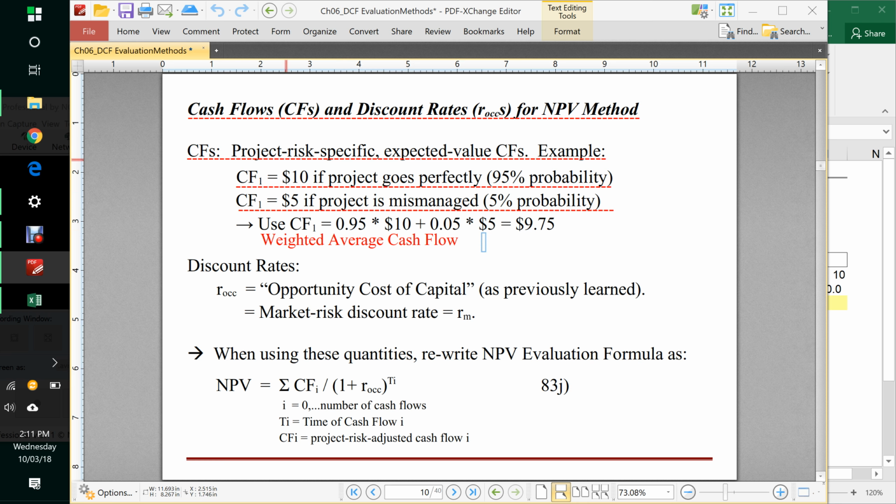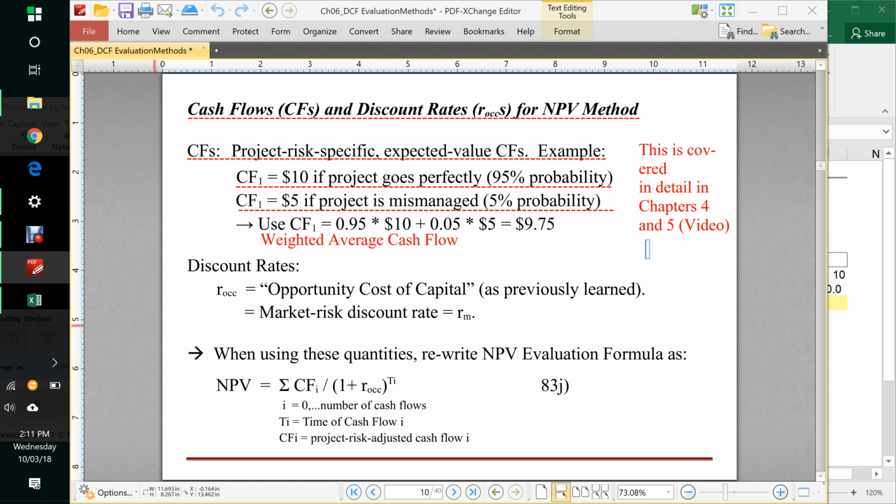That's our project risk specific expected value cash flow. This is covered in detail in chapters 4 and 5, which are going to be on video for you to look at.